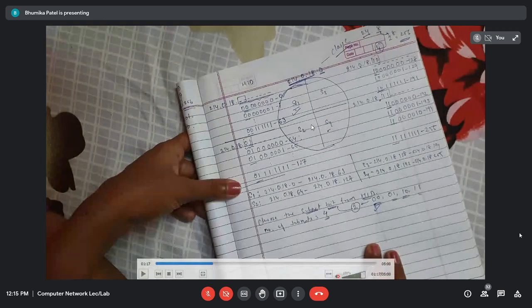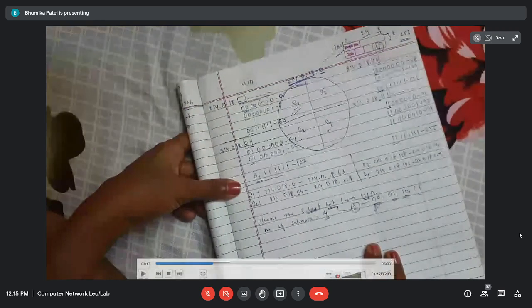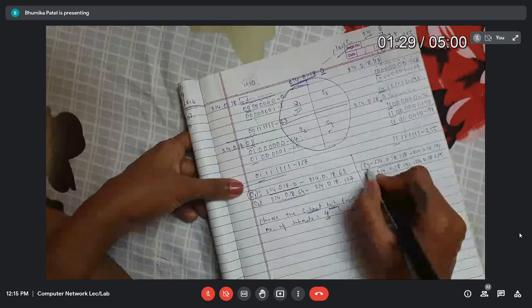So how can we solve it? It depends on where the person is standing.